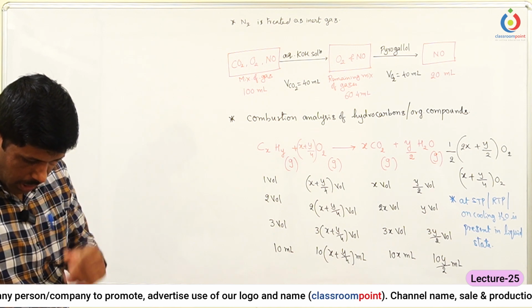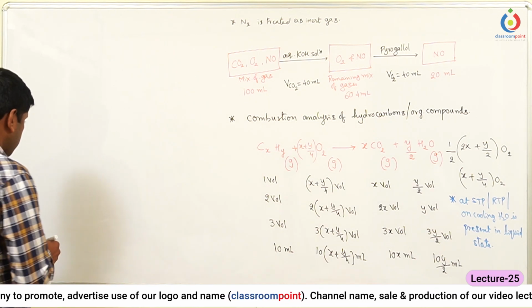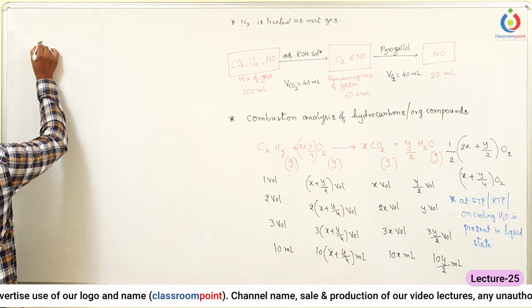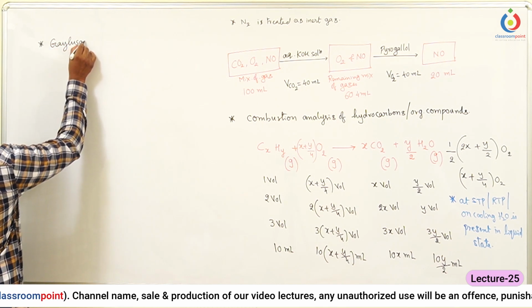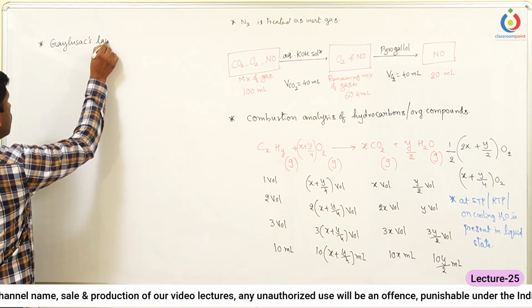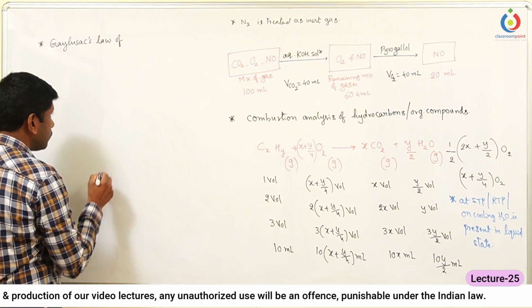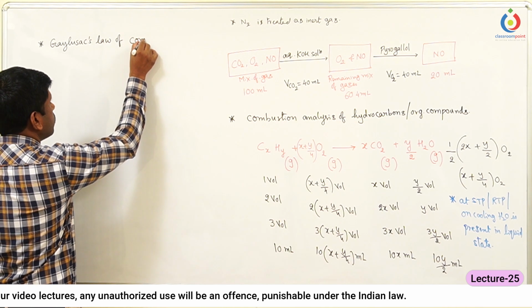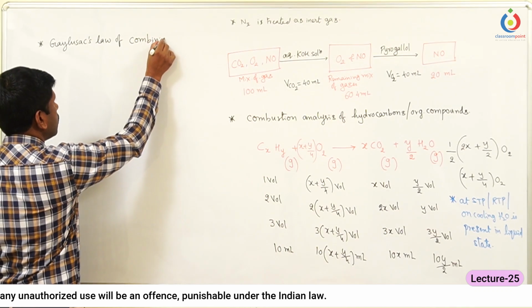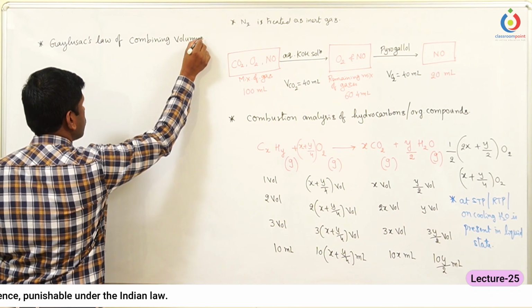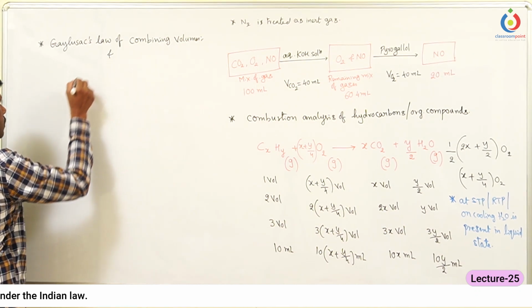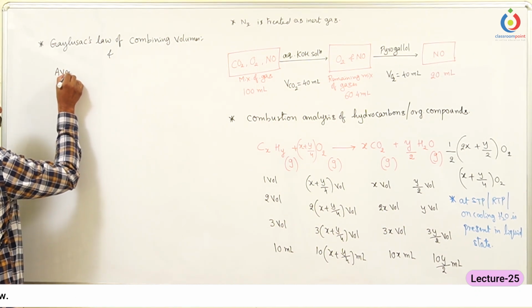So the other rules that are very helpful for us are particularly Gay-Lussac's law of combining volumes, and also Avogadro's law.